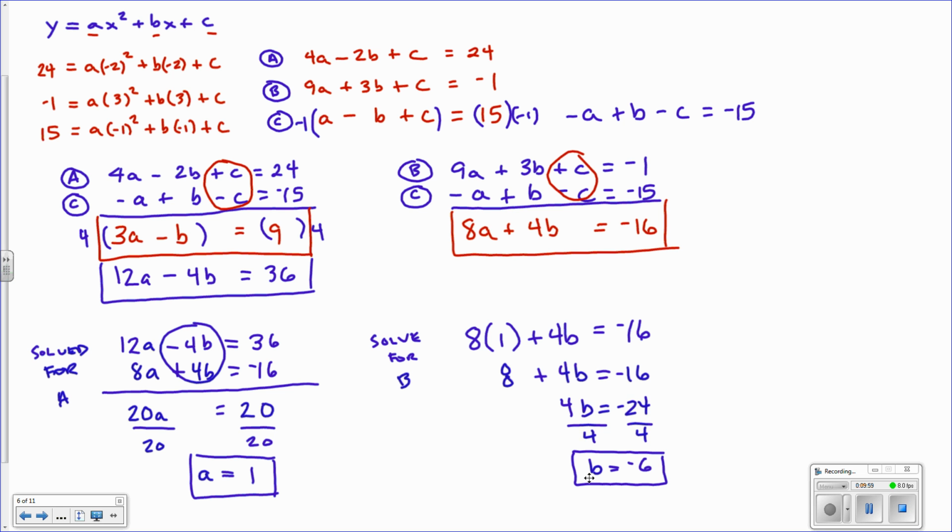And now that we have identified two of our variables, we can go back to one of our original equations and figure out the value of c. Let's see, I like this original one, the a minus b plus c equals 15. So we're going to solve for c. I'm going to substitute in there. So, in fact, I'm going to recopy it here.